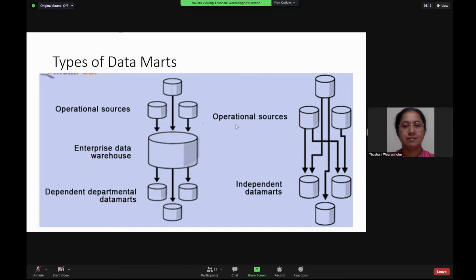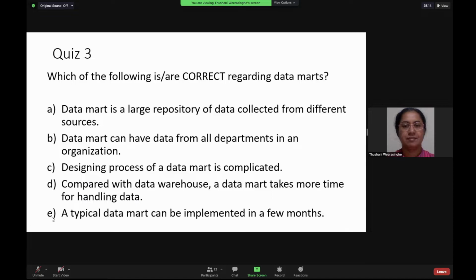Okay. So then what is the answer? The E, a typical data mart can be implemented in few months. Don't you think that it cannot be done? Even if you develop a database, or you are developing systems, even the systems you develop in months, no?